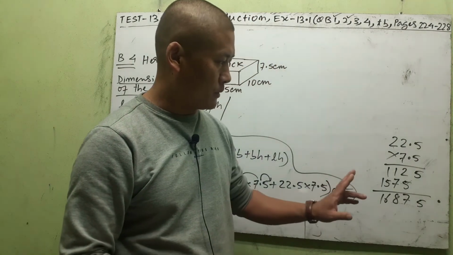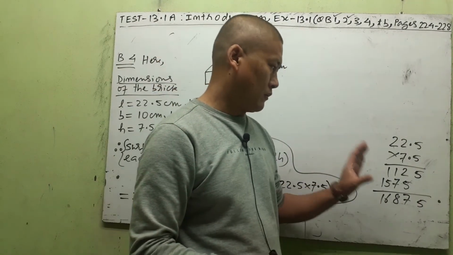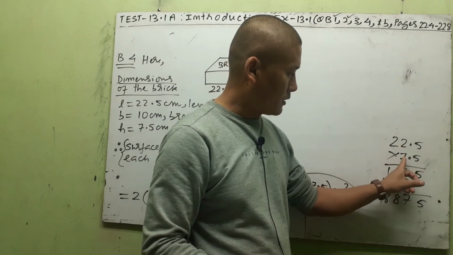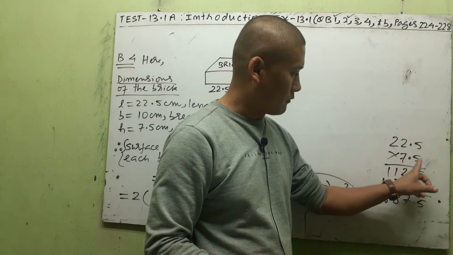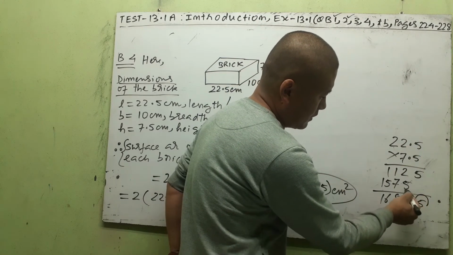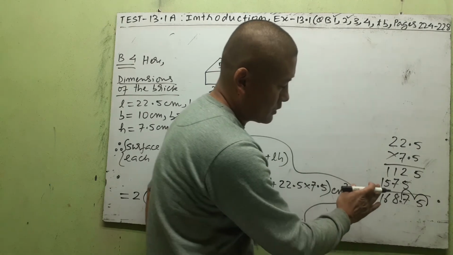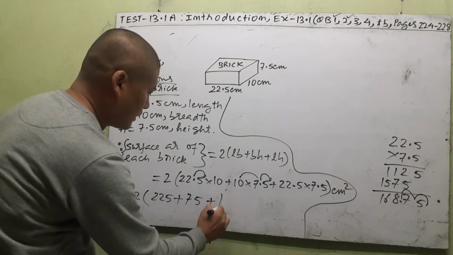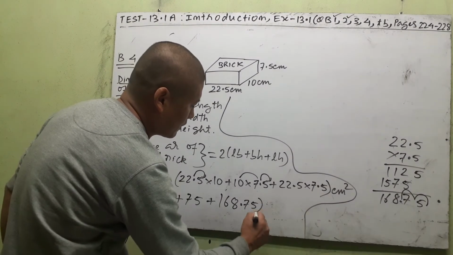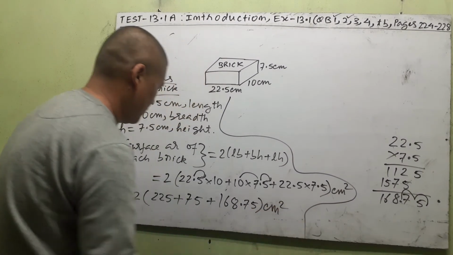Now count the decimal places. As I've been saying so often now, that decimal means on the right of point, not left. These are not decimal places. On the right of point here 1, on the right of point here 1. So 1 plus 1, 2. So start from extreme right, 1, 2. So decimal will come between 8 and 7. So 168.75 when you multiply these two, centimeter square.